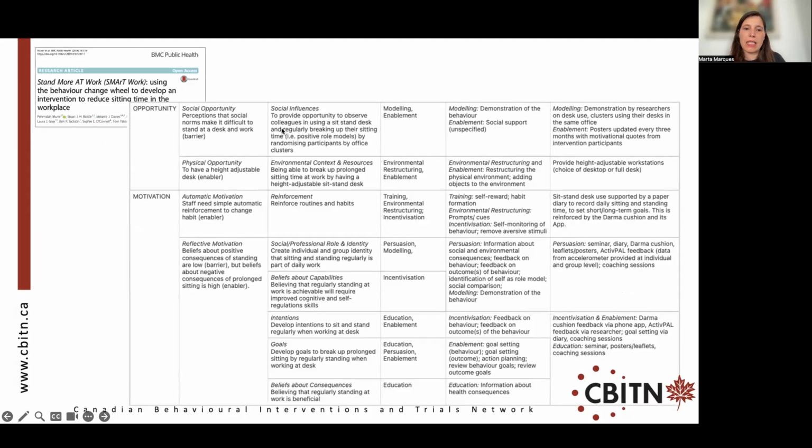So you move from identifying capability, opportunity, motivation. You go into more detail on what are the constructs within each of them. You then identify broadly what are the interventions that match these aspects. And this is given to you in the behavior change wheel framework. So the links are all there.